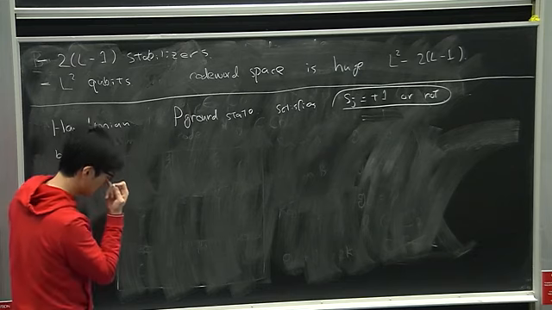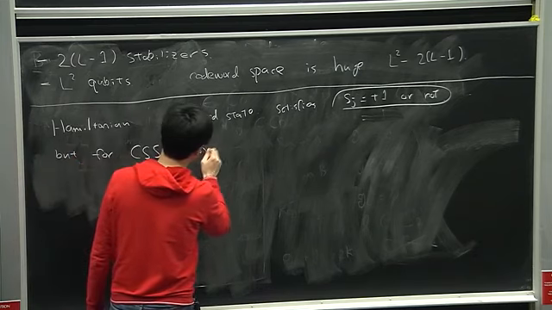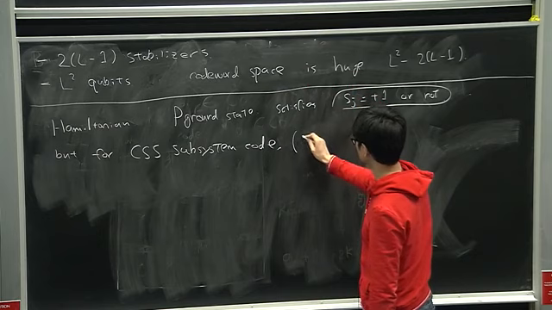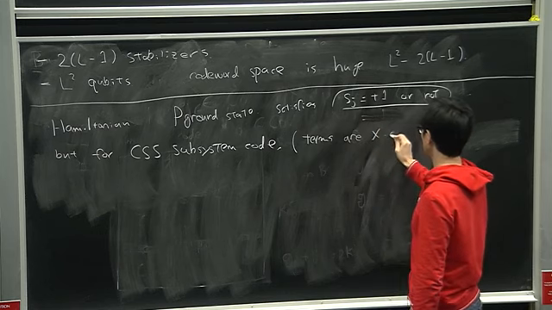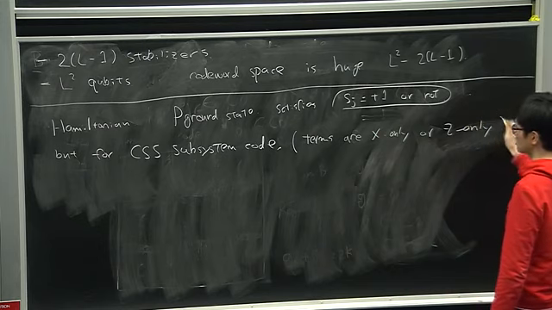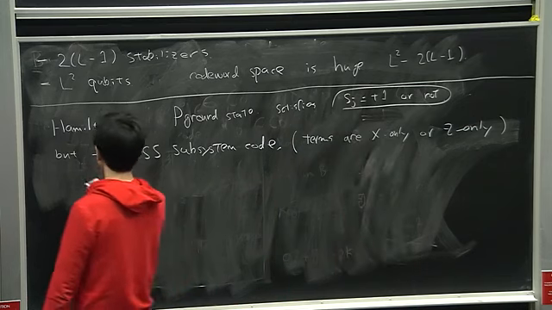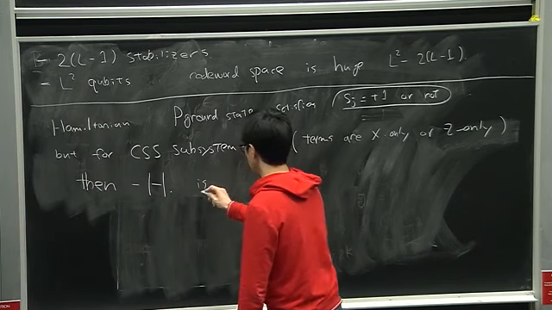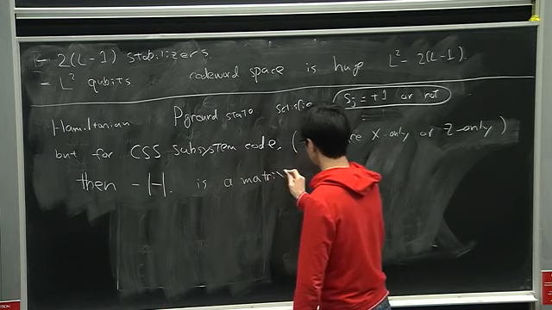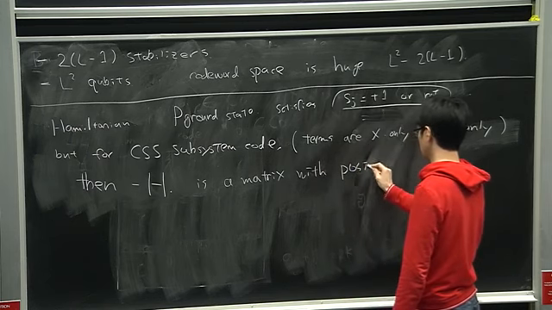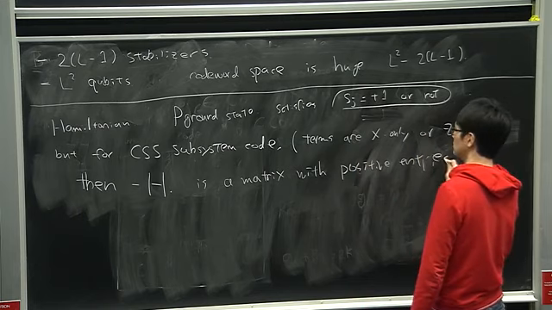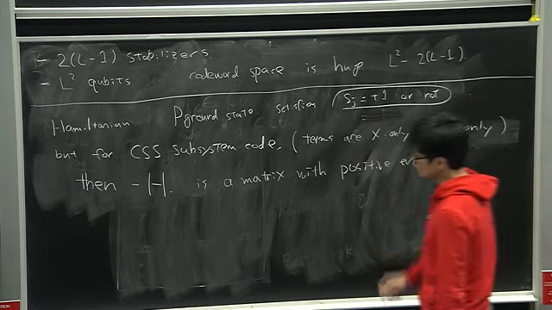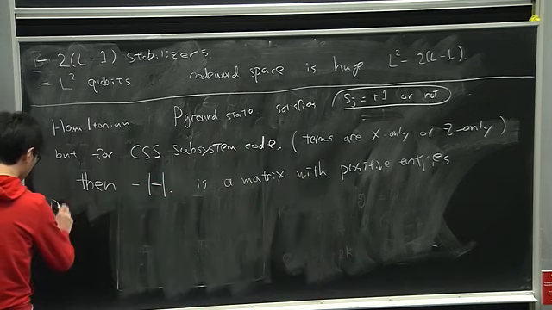But for a certain subclass of subsystem code, which is called CSS subsystem code, where CSS means terms are X only or Z only, there is no mixing, there is no Y term, then this Hamiltonian, or this -H, is a matrix with positive entries. Right? I'm assuming Jx, Jz are positive, so with the minus sign, everything should be positive. And under this situation, you can actually use something called the Perron-Frobenius theorem.